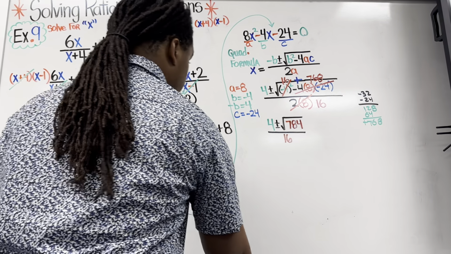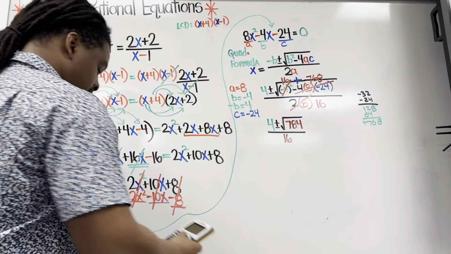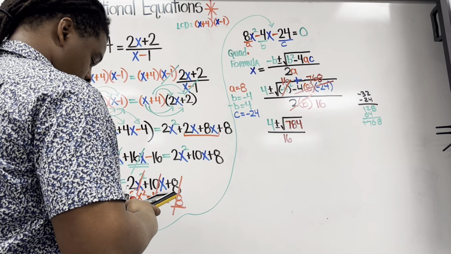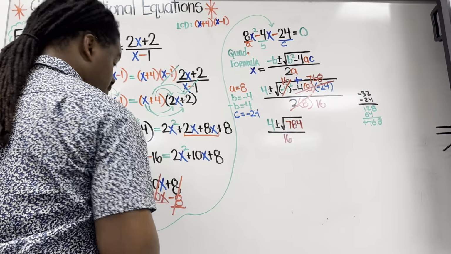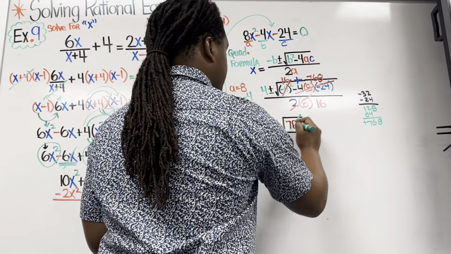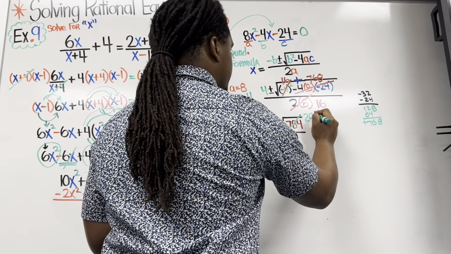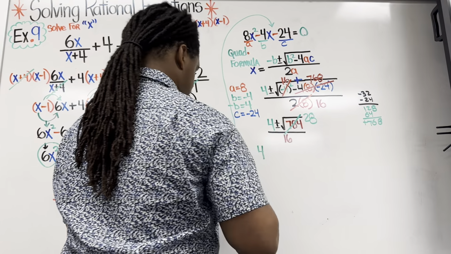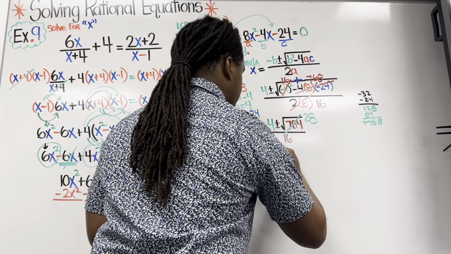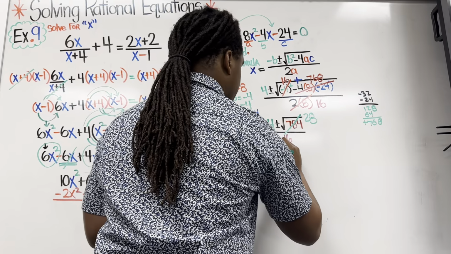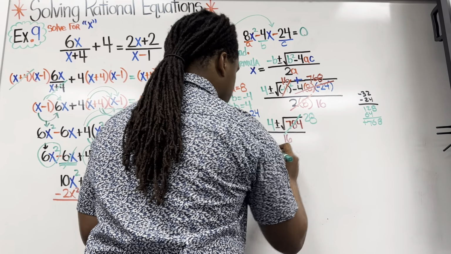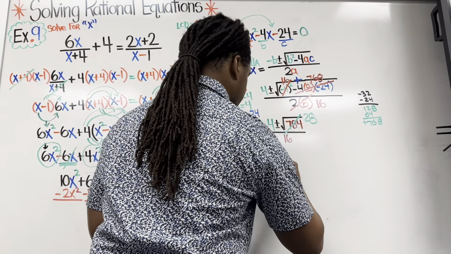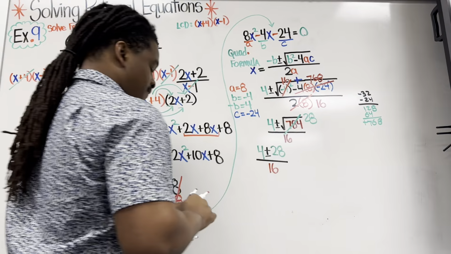Now we're almost done. We need the square root of 784, which is 28. So we have 4 plus or minus 28, divided by 16, and that's going to give us the 2 values of x.